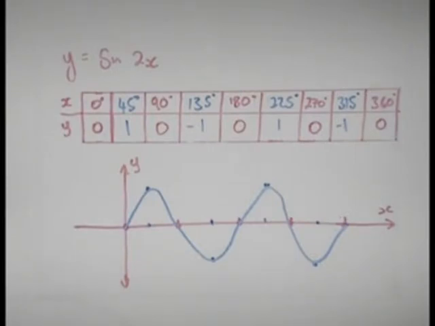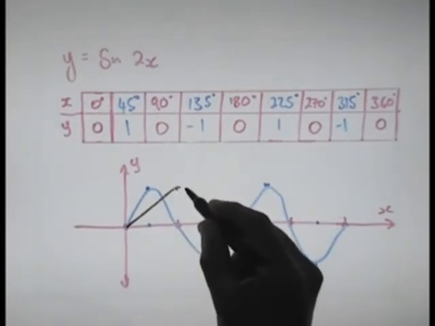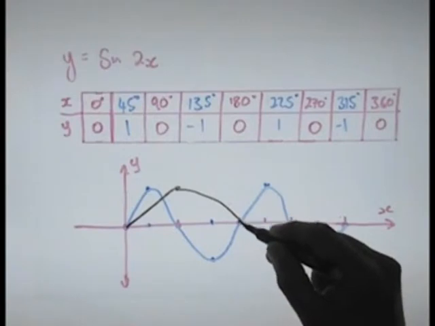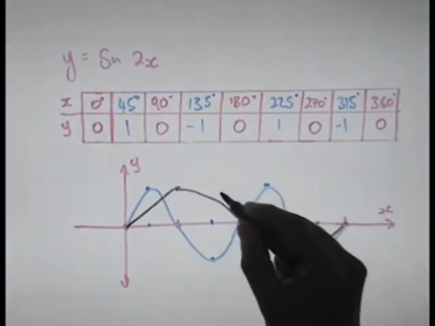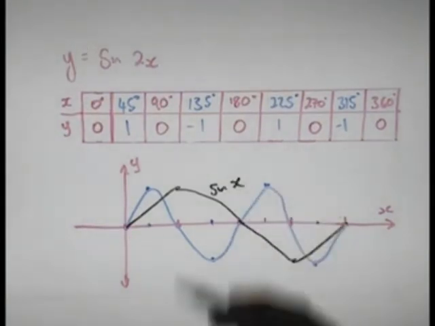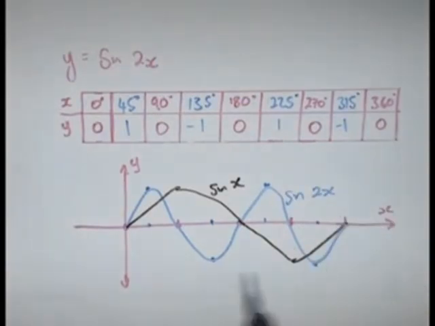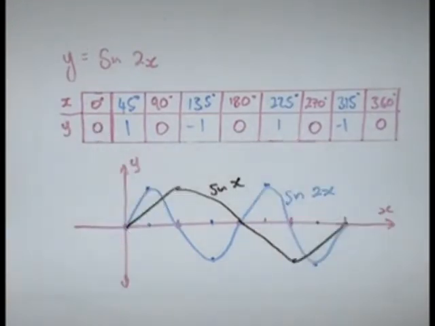Notice the standard graph should have come like this, dropped down over there, gone to negative 1 over there, and gone back to 0 there. That would have been the standard sine of x graph, but the graph we've drawn is sine of 2x. Notice that it's double. We've taken the standard sine graph and contracted it, and instead of having one wave, we now have two waves.